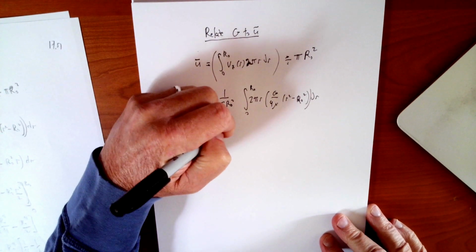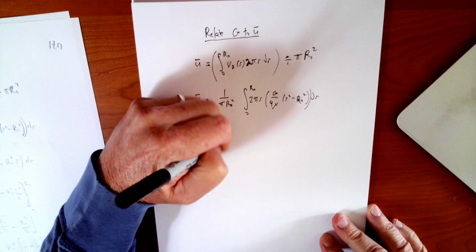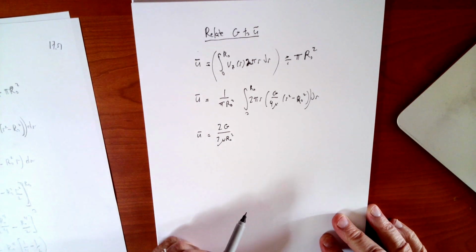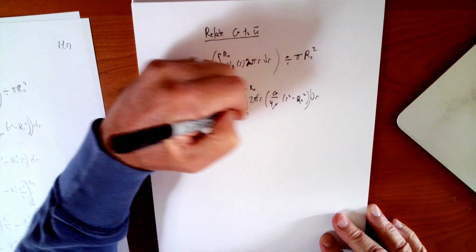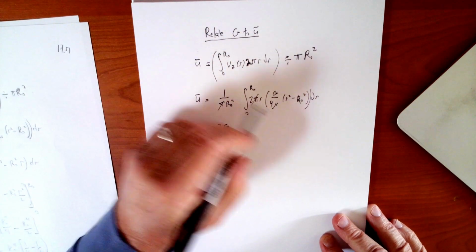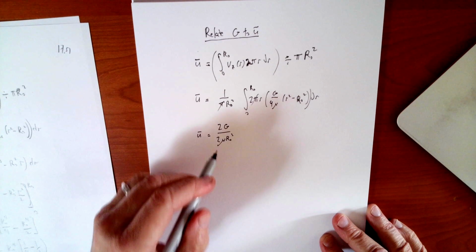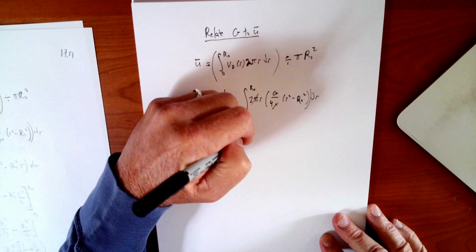So I can pull the g out, because that's constant, and I have 2 mu over r naught squared. All those things are constant, so they all come out of the integral. Notice the pi's cancel here. That pi is going to cancel this pi. Of course, the 2 and the 4 divide, so they're going to cancel, end up with just a 2.